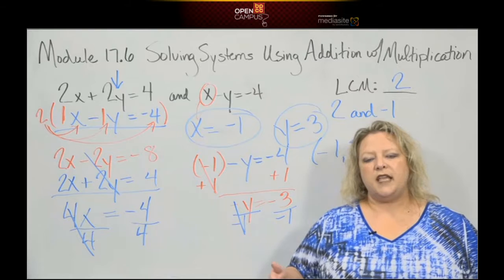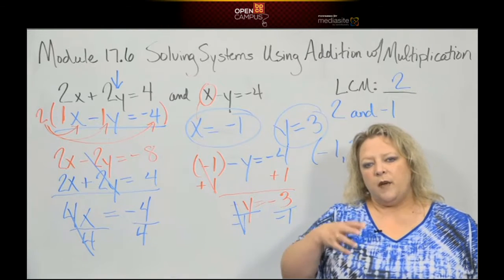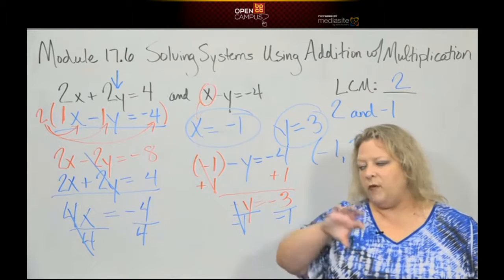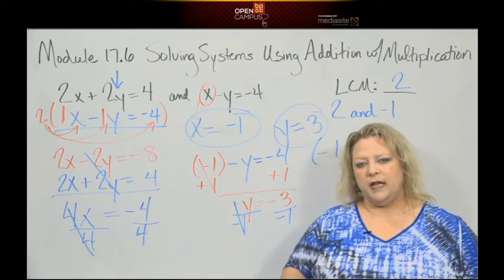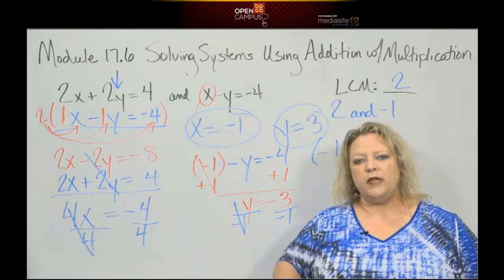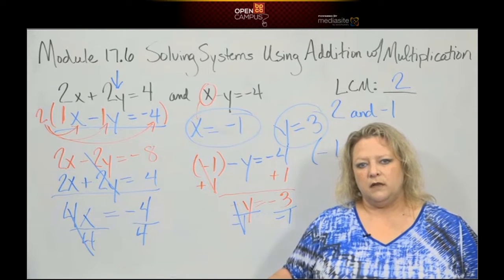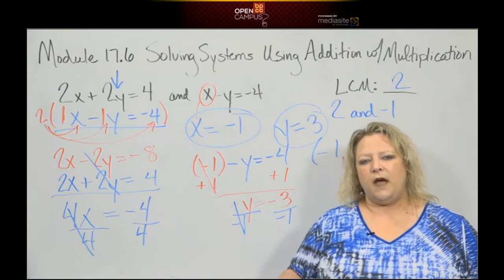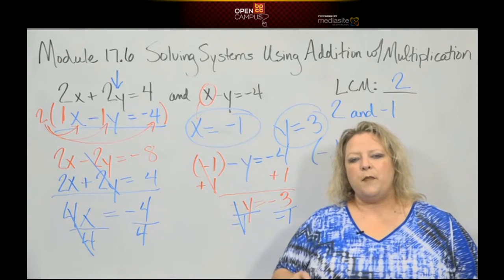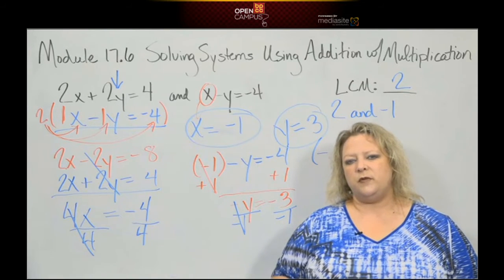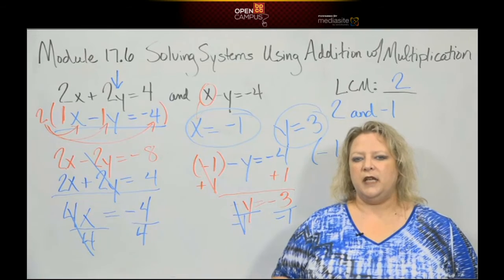Think of it as a pool. The numbers are on the outside of the pool and they want to dive into the pool. You can only dive into the pool if you will fit into the pool. You can't have anything left over. So maybe if you think about it that way, it'll help you. Come back because we're going to work some more examples with this multiplication and elimination stuff.